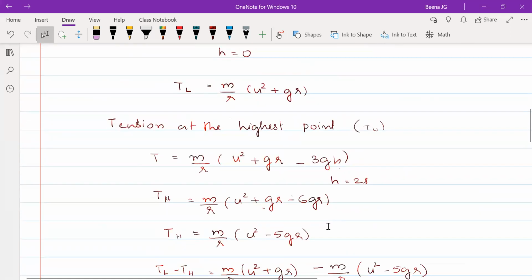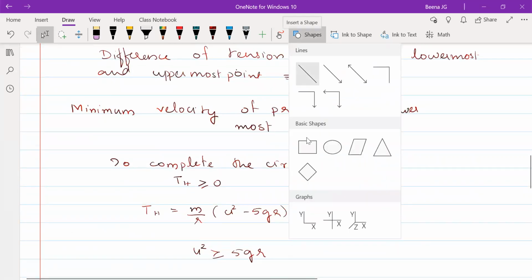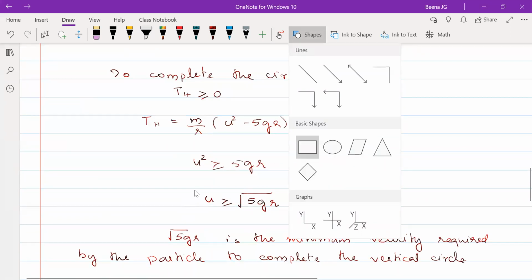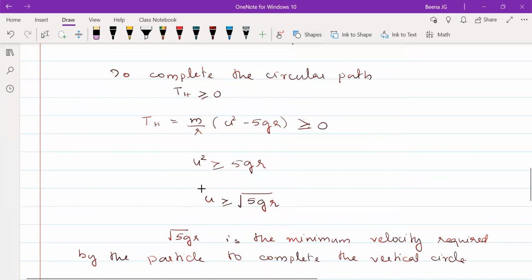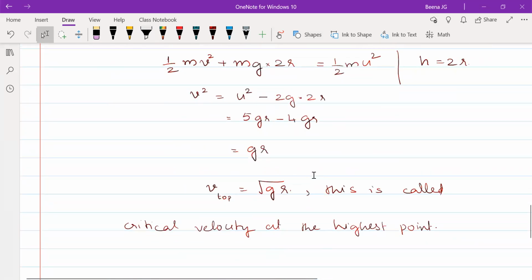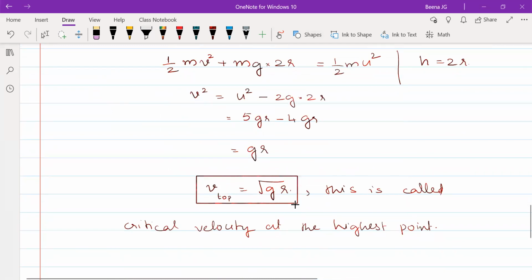And then what we considered is the minimum velocity at the bottom, that is, the minimum velocity to be given so that the particle can complete the circular loop. And after that, if it is moving with this minimum velocity, when it is reaching the top, what will be its velocity? That velocity we are also calling the critical velocity.